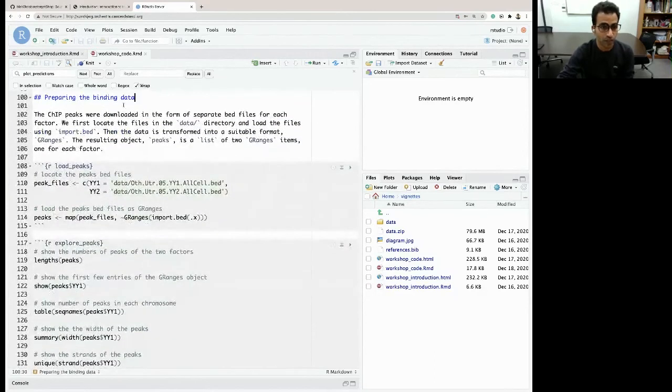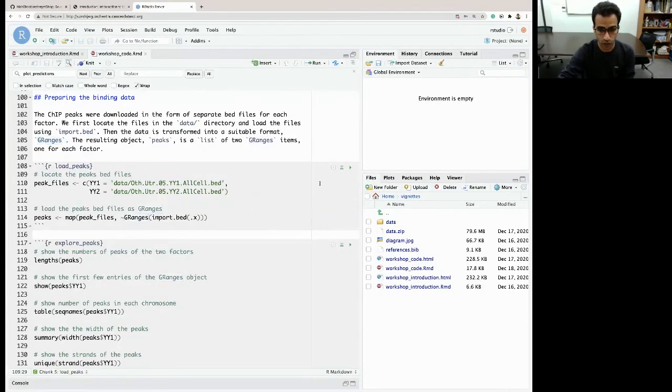The first part here is preparing the binding data. The ChIP peaks here are downloaded in the bed format, and we'll first locate this file in the data directory, and then use import bed from rtracklayer to read the data in R, specifically in a GRanges object.